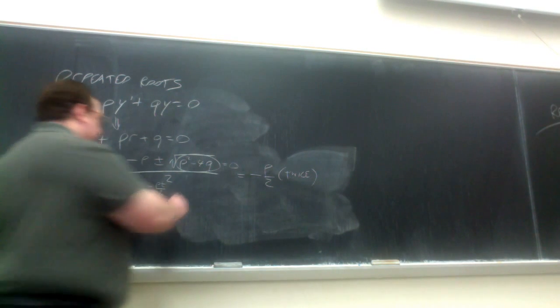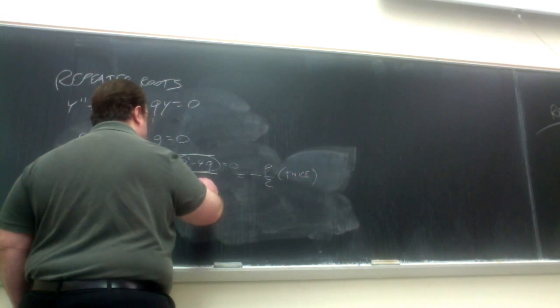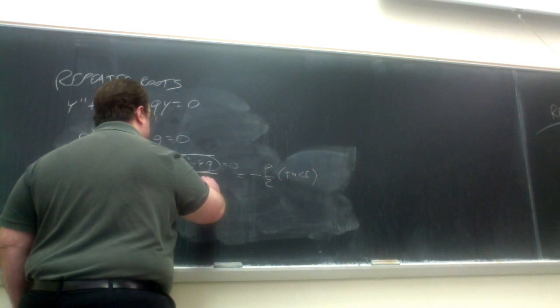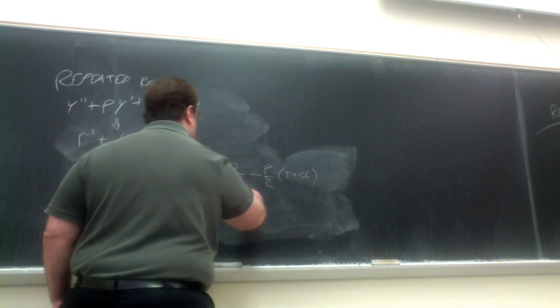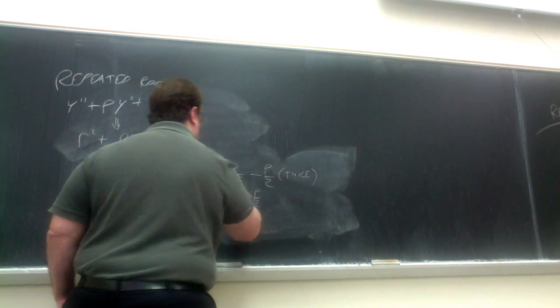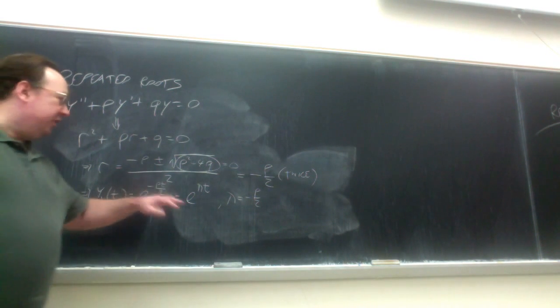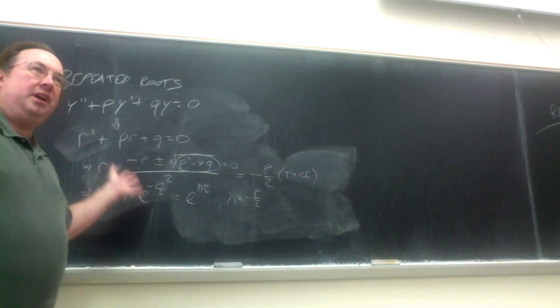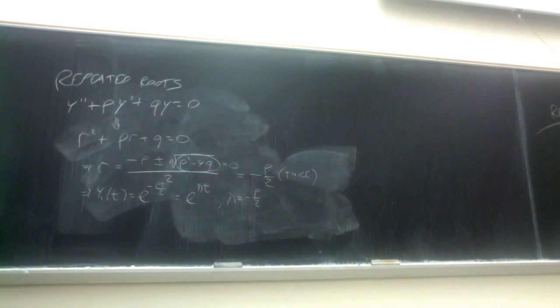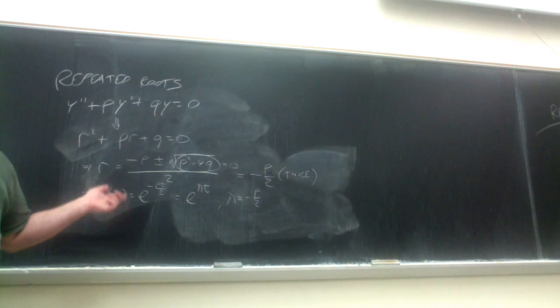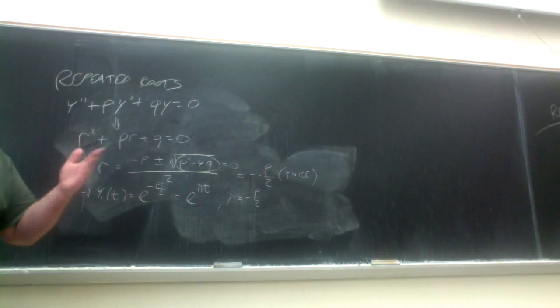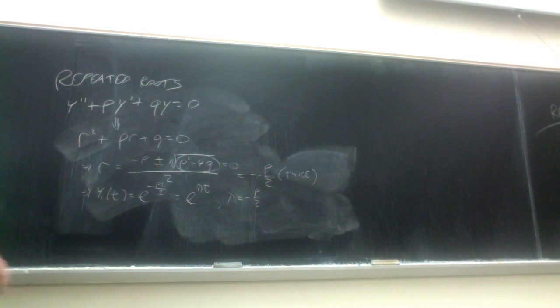I'm going to also write this as e to the lambda t, where lambda happens to be minus p over 2. But knowing what it is specifically is going to help us to work out what the... What do you mean p over 2 twice? In other words, it's normally a plus or minus because of the quadratic formula. But you end up just having the same value both times. Yeah, so that's the repeated root case.